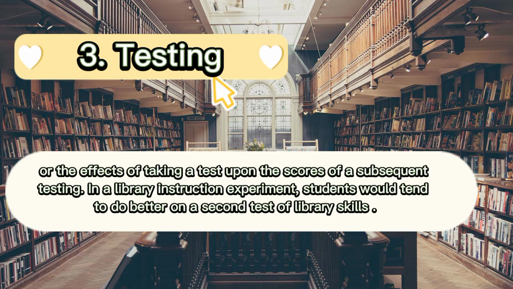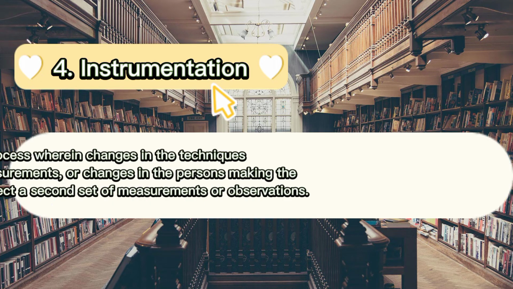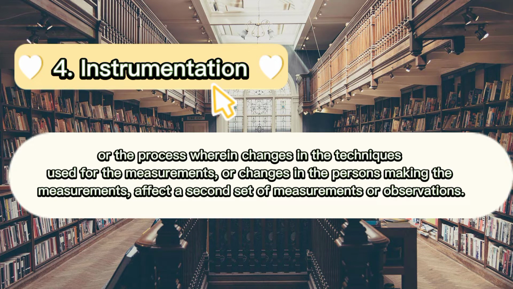In a library instruction experiment, students would tend to do better on a second test of library skills. 4. Instrumentation, or the process wherein changes in the techniques used for the measurements or changes in the persons making the measurements affect a second set of measurements or observations.